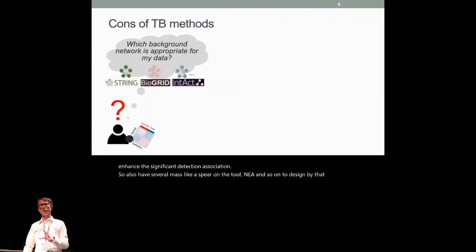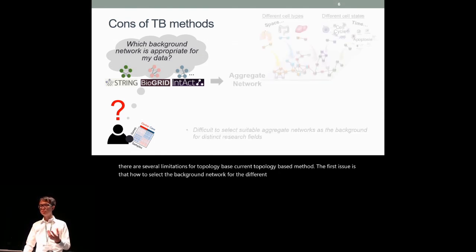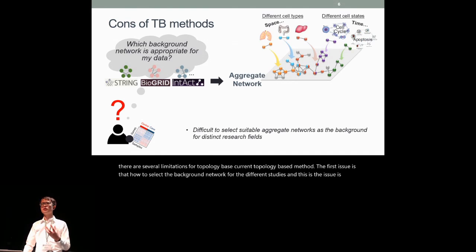However, there are several limitations for current topology-based methods. The first issue is how to select the background network for different studies. Mostly we choose protein-protein interaction data as the background network, but protein-protein interaction data is currently incomplete.